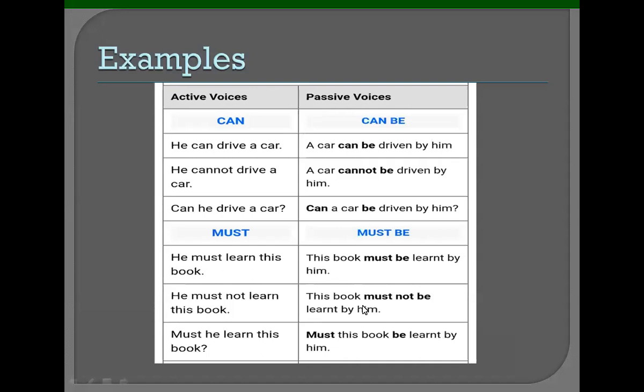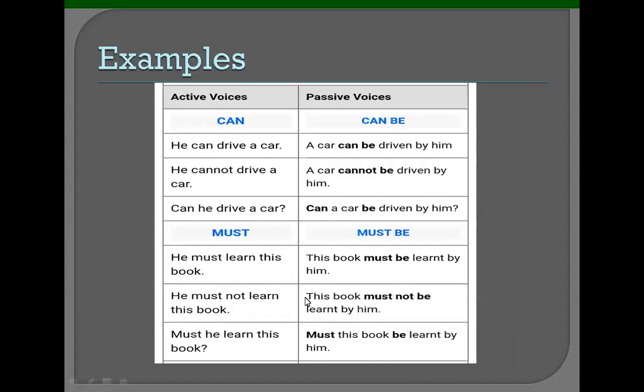A car cannot be driven by him. A car cannot be driven by him. Now how are we going to make the question? Can he drive a car, or can a car be driven by him?